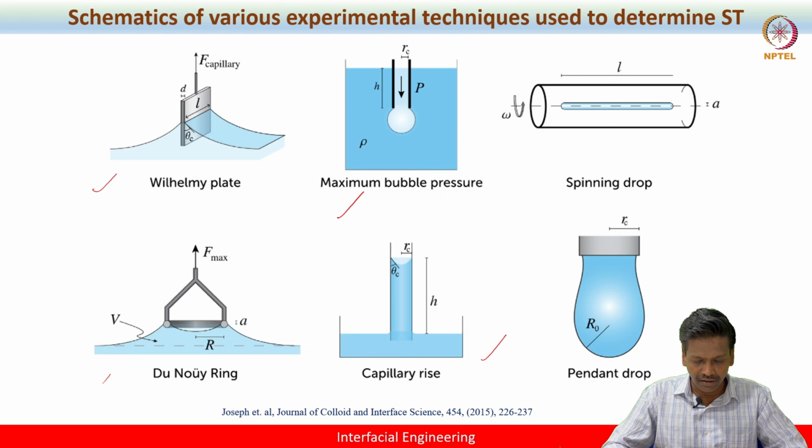So we will see them in detail. The pendant drop and spinning drop are also techniques that are used quite often, depending on the conditions in which we want to measure surface tension or theta. So in today's video lecture, we will look at the working principle of the Wilhelmy plate, capillary rise, and also the maximum bubble pressure.